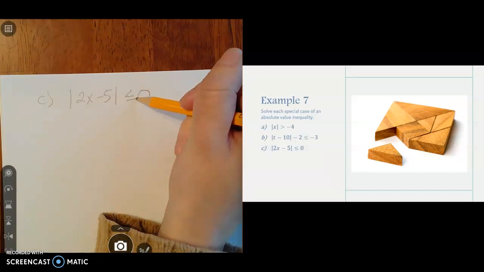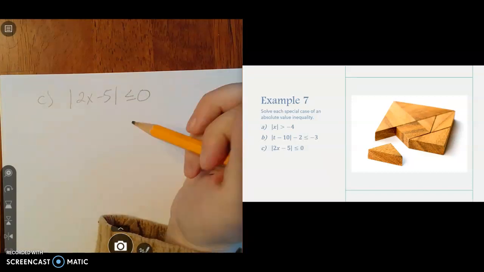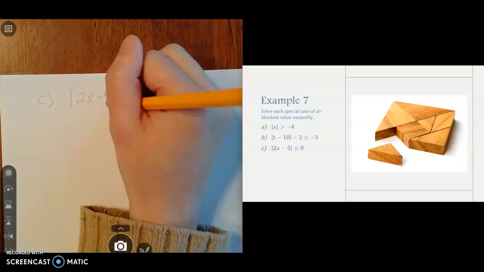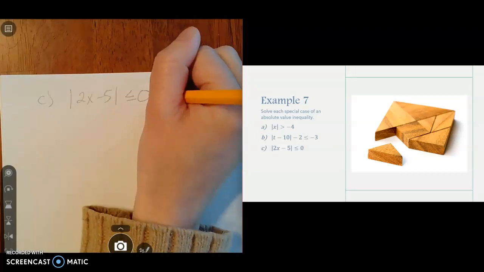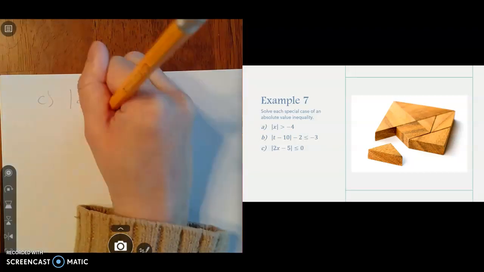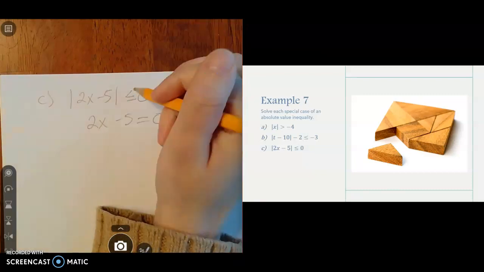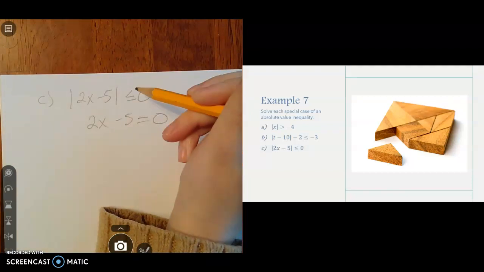So this one is actually going to turn from an inequality to an equation because there's only one way that we're going to satisfy this, and it's if the absolute value equals 0. That's the only time it works. So we're going to have 2x minus 5 equals 0. That is the only solution to this entire inequality, okay?